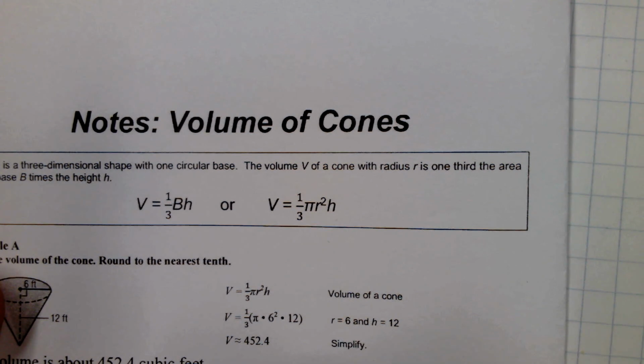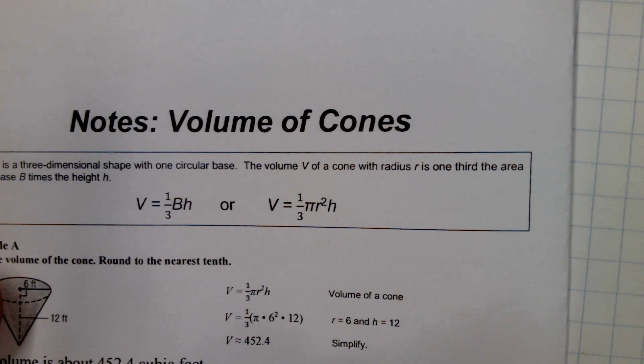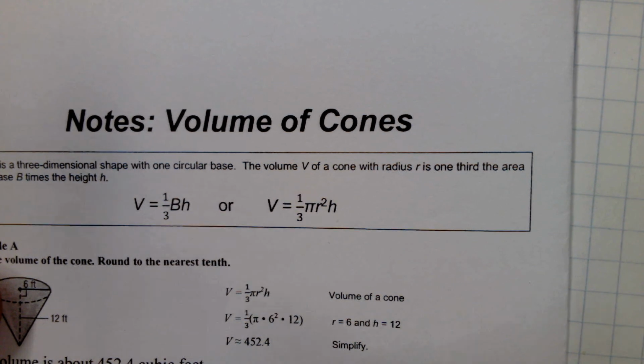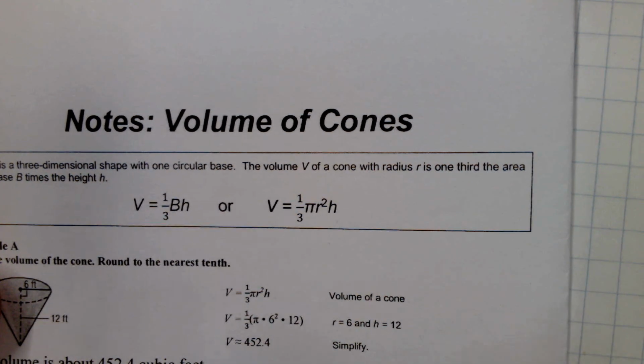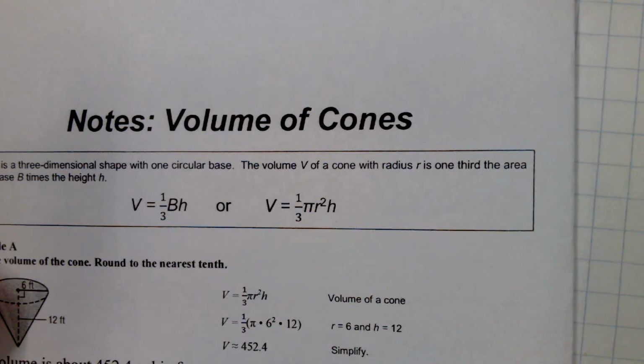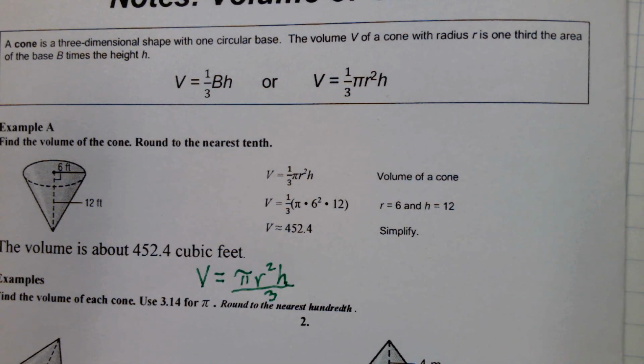So the volume of a cone is pi times radius squared times height. So that's the cylinder divided by 3. Oh, I'm sorry. Pi times radius squared times height divided by 3. Okay, so that's still taking 1/3 of this.